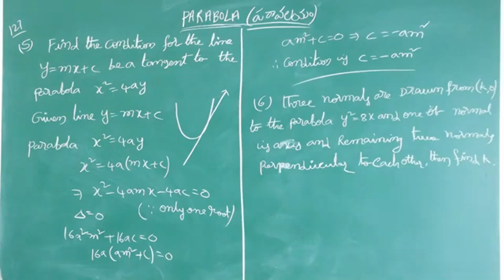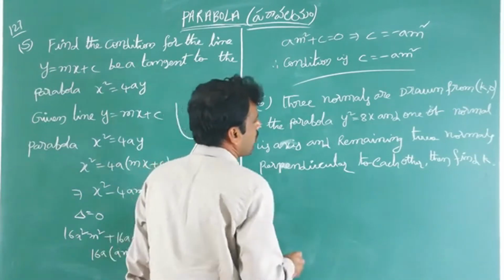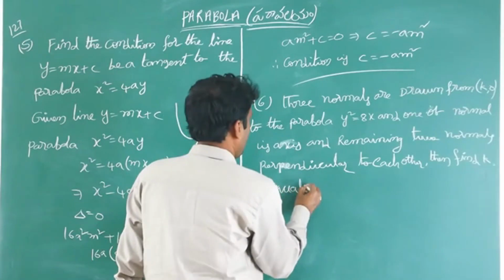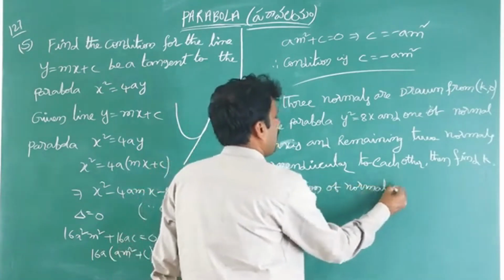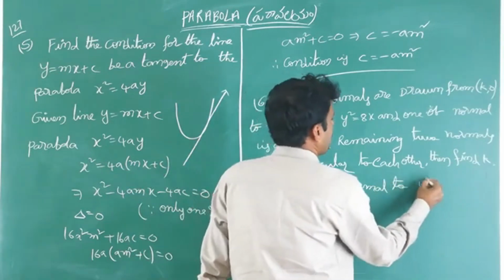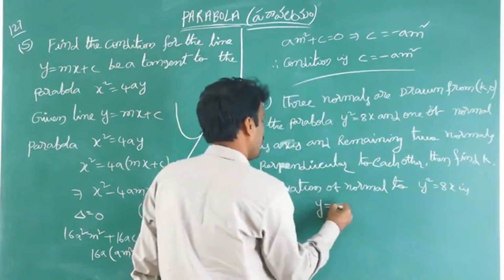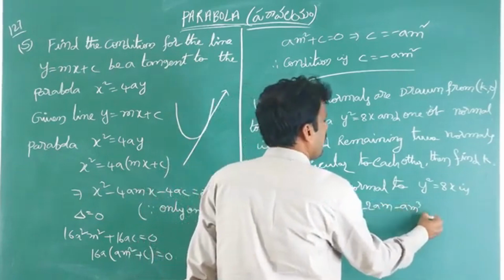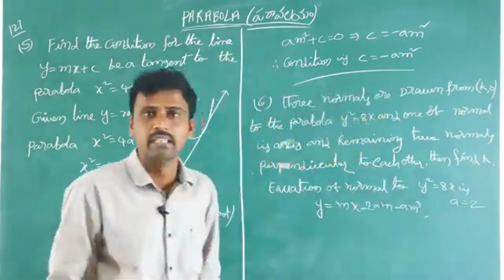First of all, normal means the equation of the normal. The equation of the normal to y square equals 8x is y equals mx minus 2am minus am cube. Here 4a equals 8, so a equals 2.